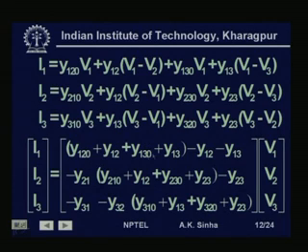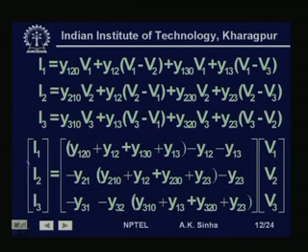So, we have this element, minus Y12, minus Y13. Similarly, here we will have minus Y12 into V1 plus Y210 plus Y12 plus Y230 plus Y23 into V2, minus Y23 into V3 for I2, and similarly for I3 we have minus Y13 into V1, minus Y23 into V2, plus Y310 plus Y13 plus Y320 plus Y23 into V3.